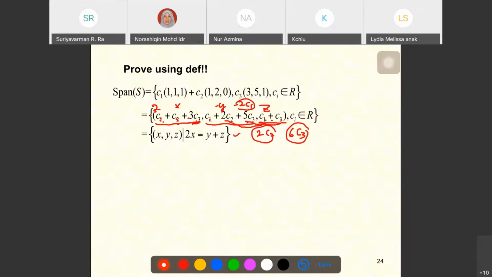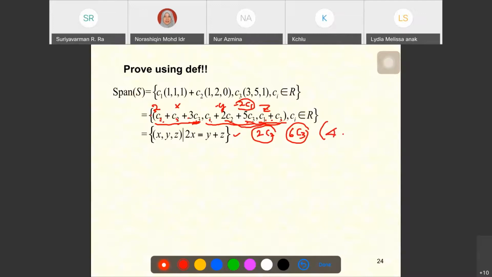Okay, give me another vector in R3 that is in span of S. Another vector. If I put 3 over here, and let me put 4 over here. What can Y and Z be?